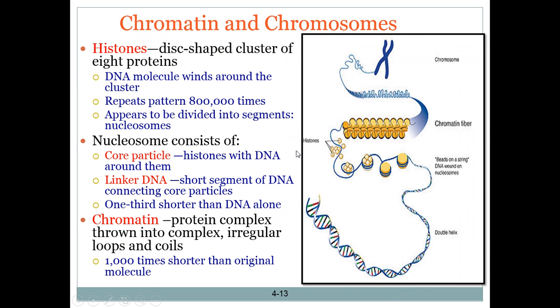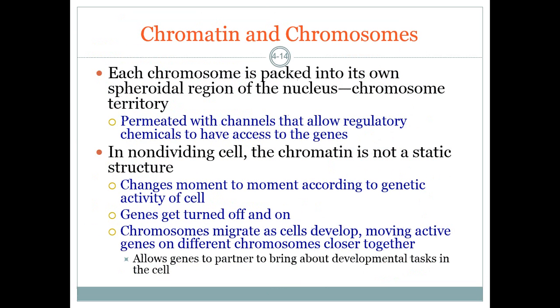Now, the nucleosomes are arranged in a zigzag pattern, folding the chromatin like an accordion. The folded strand is then packed into irregular loops and coils that make up the chromosome. Each chromosome is packed into its own region called the chromosome territory, permeated with channels.